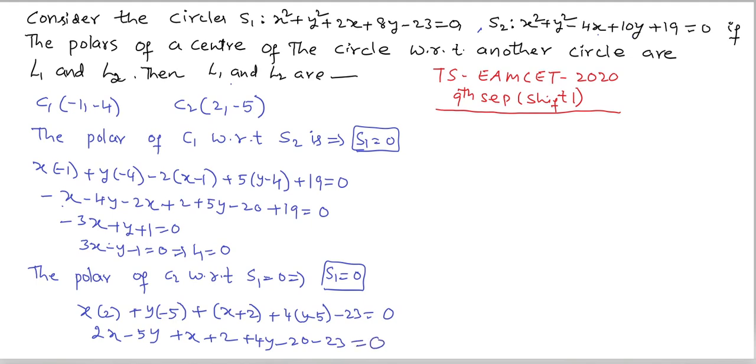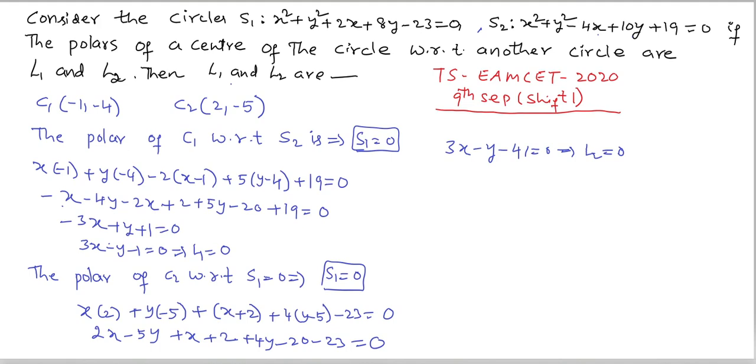This is 2x plus x, that is 3x, minus 5y plus 4y, minus y, 2 plus 2 minus 20 minus 20 minus 41 equal to 0. This is the line L2 is equal to 0.